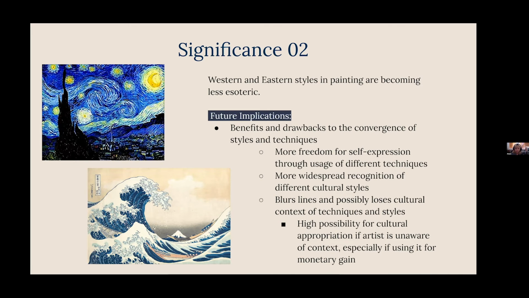And I feel like the benefits of it is that it allows more freedom and self-expression through different techniques, like different cultures, elements from each culture comes together. However, it does blur a line in terms of what sets one style apart from another.